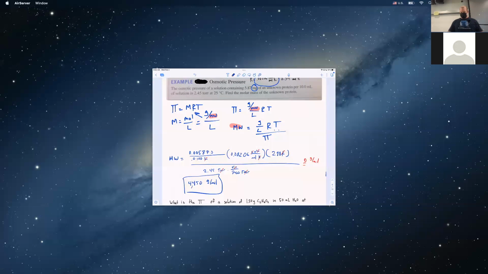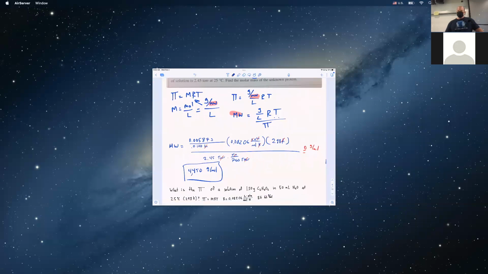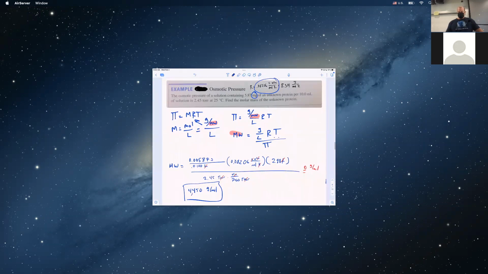We had 5.87 milligrams of the unknown protein dissolved in 10 milliliters of solution. So what is the molar mass of this protein? Of course, this day and age, we would just hit it with x-rays, but we're not doing that. I guess we're old school.